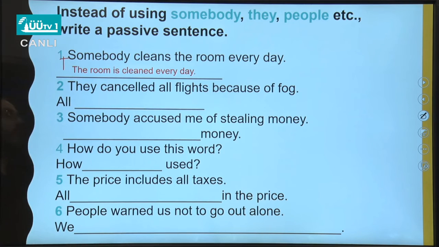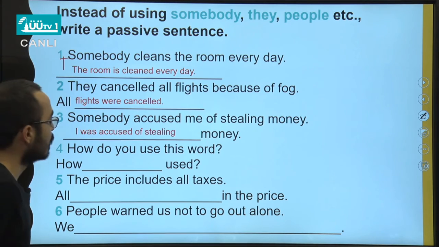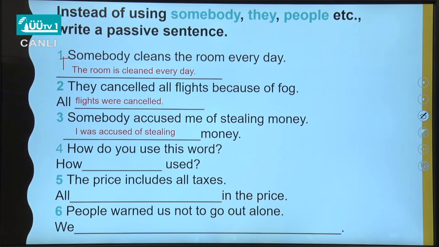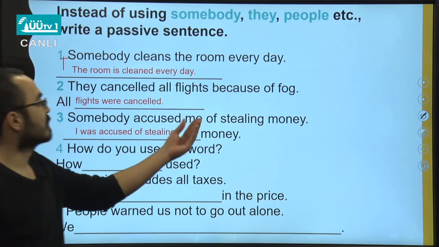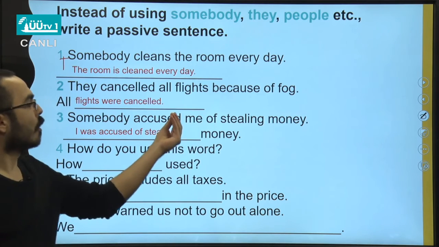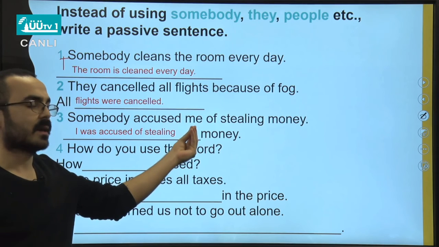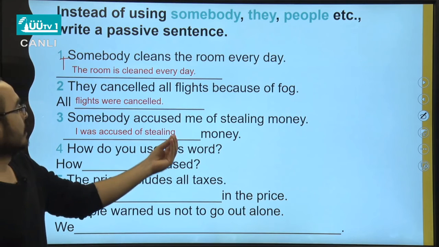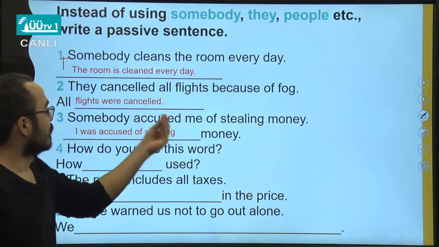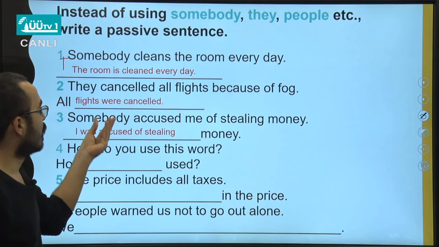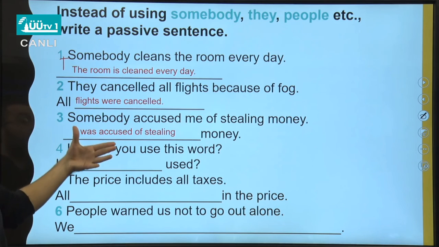They cancelled all flights because of fog. All flights were cancelled, I say. Somebody accused me of stealing money. I was accused of stealing money. Why? This "me", right, is the object of this sentence actually. So who is the subject here?